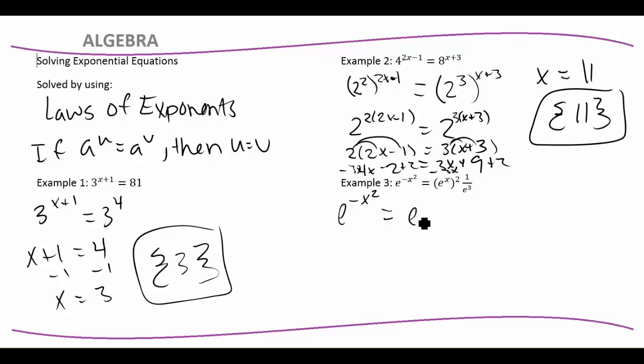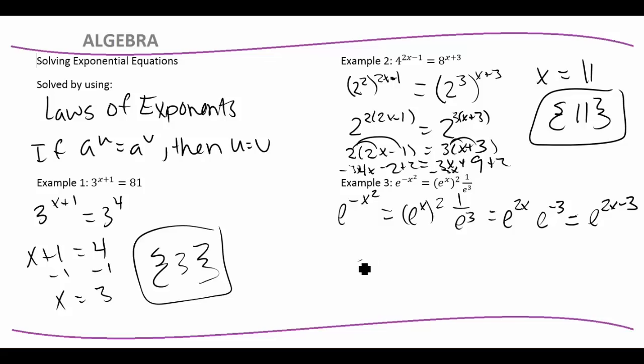We have e to the x squared times 1 over e cubed. The first part is e to the 2x, because a power raised to a power, you multiply the powers. And 1 over e cubed is the same as e to the negative 3. Then we add the two exponents because the bases are being multiplied. So we have e to the 2x minus 3.